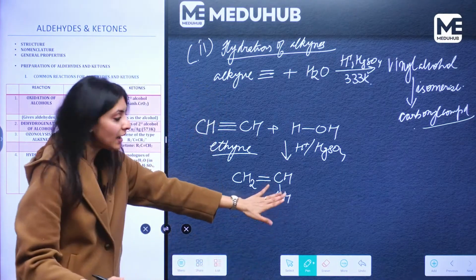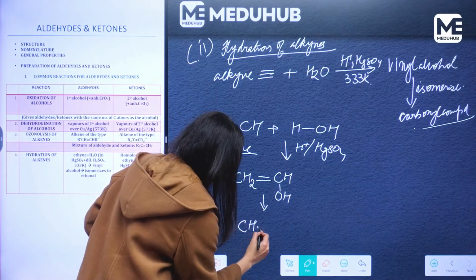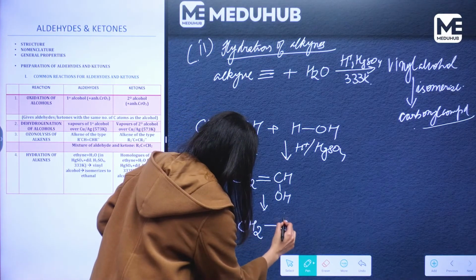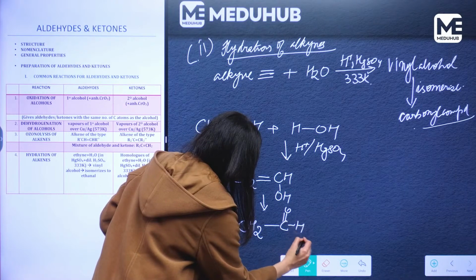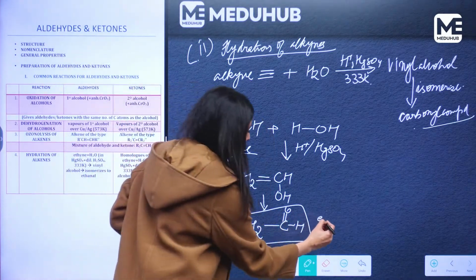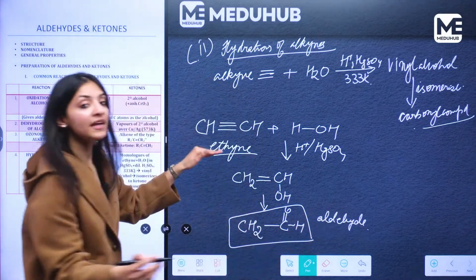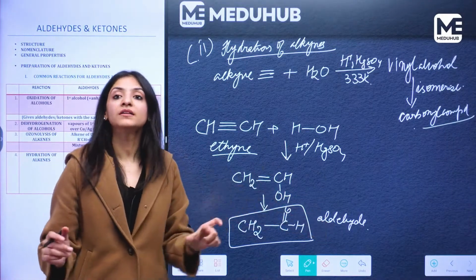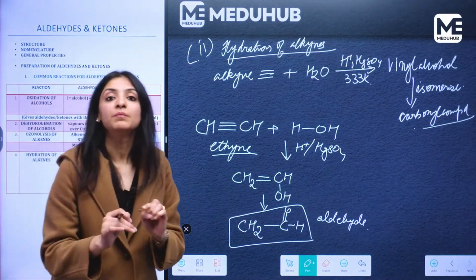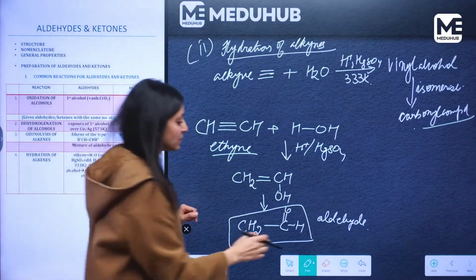Now this vinyl alcohol will isomerize to give us this compound here, which is an aldehyde. So ethyne will give an aldehyde. All other homologues of ethyne, that means apart from ethyne, all the other alkynes will give us ketones.